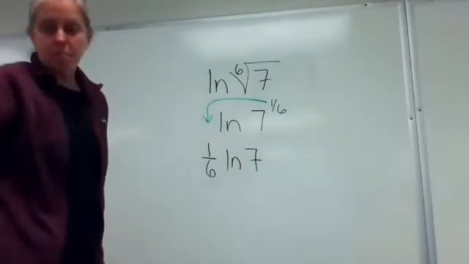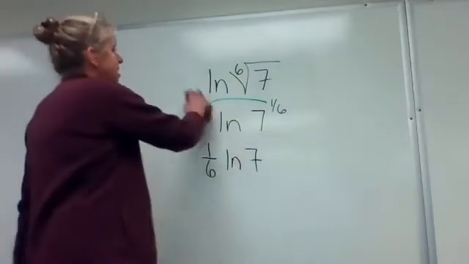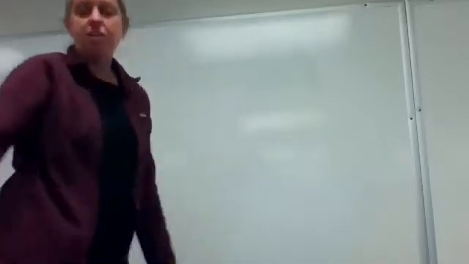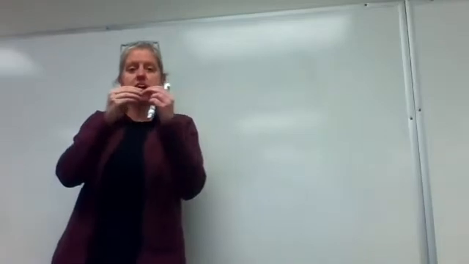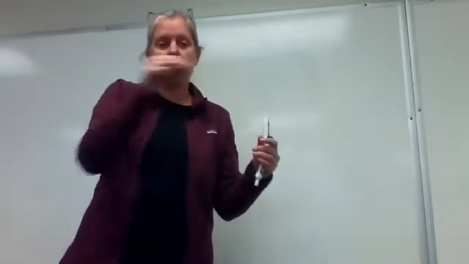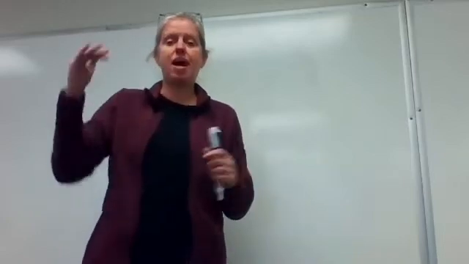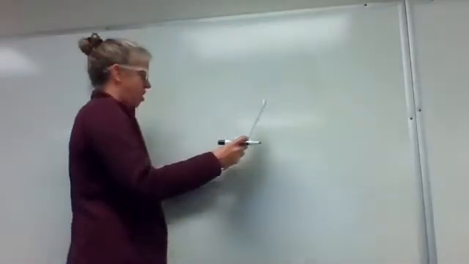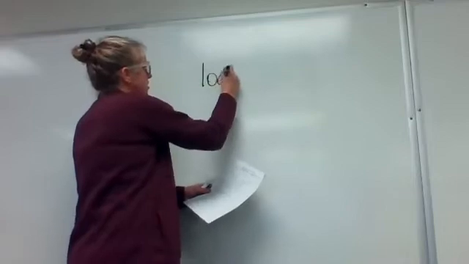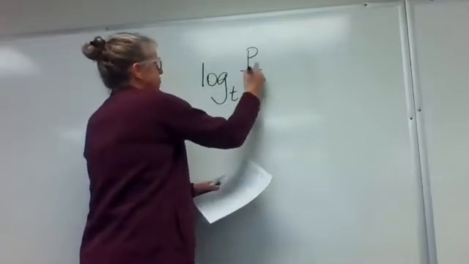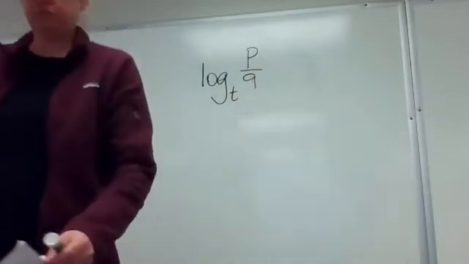Okay. Number 5. Another property, right? If it's multiplication, I can rewrite it as the sum of those two logs. So if it's a quotient or division, I'm going to rewrite it as subtraction or the difference. So this one says to express as a difference of logarithms. I've got log base t of p over 9.